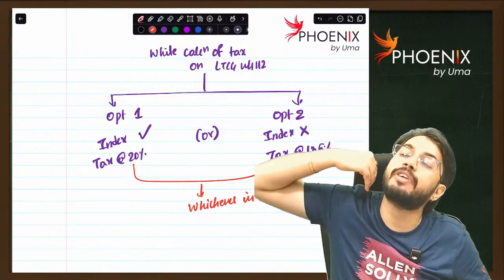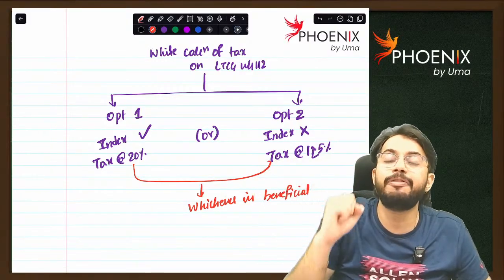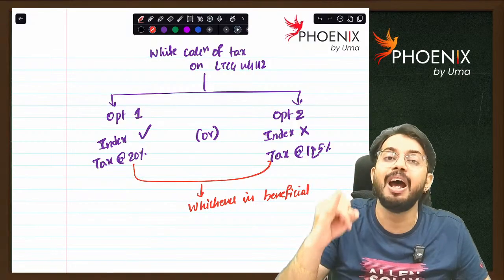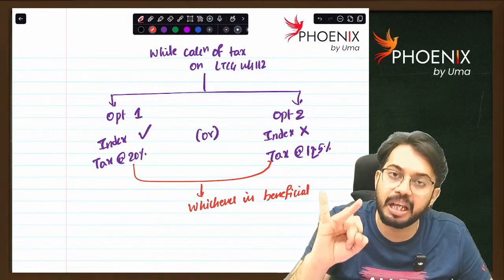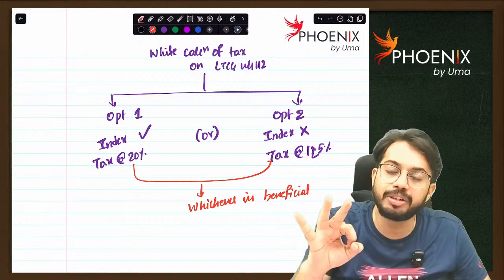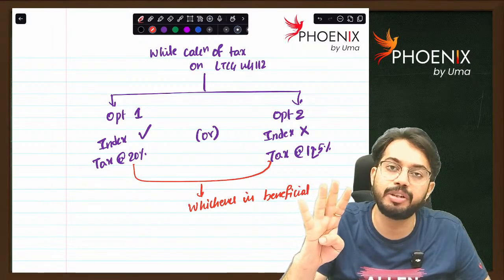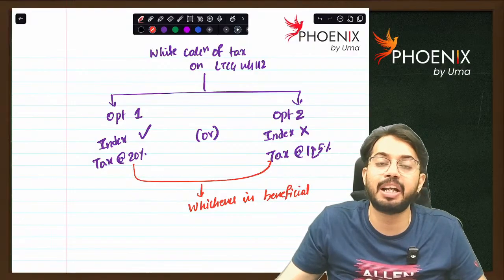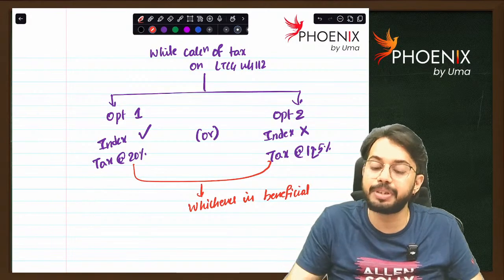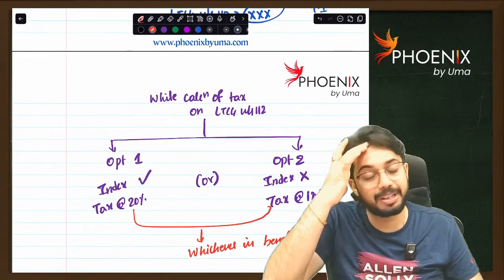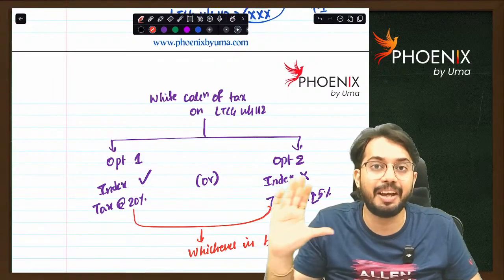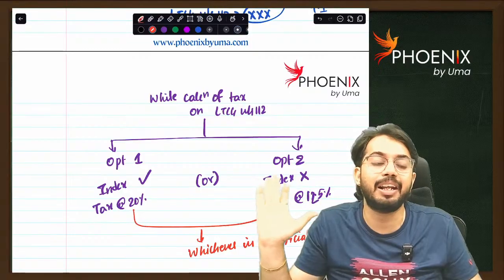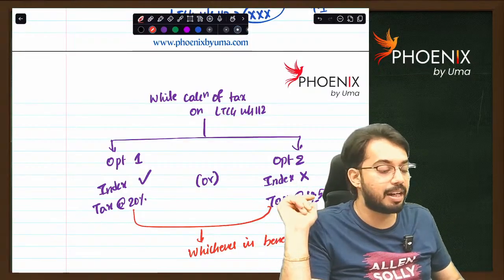If the property is purchased before 23rd July and transferred on or after 23rd July, and all these four conditions are satisfied, then the indexation benefit is available even after 23rd July 2024 while calculating the tax. Are you able to understand?